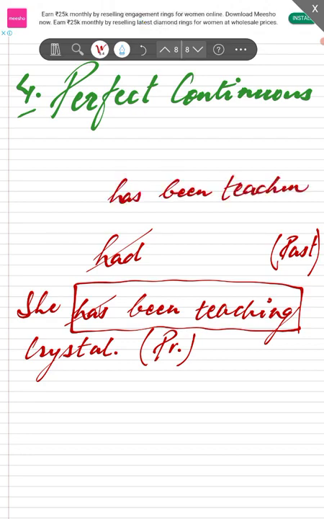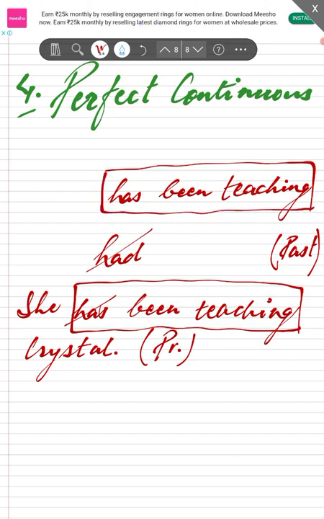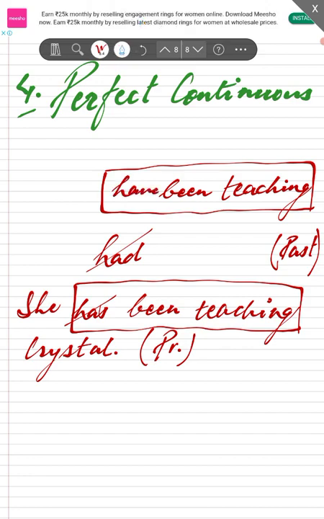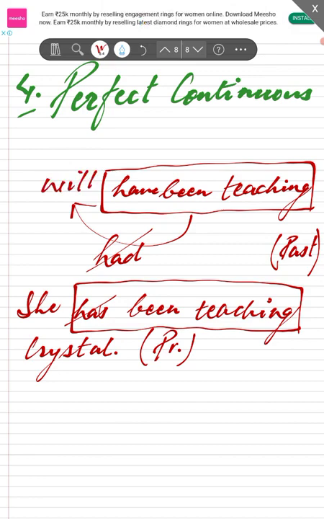Okay, but we know very well in the future time we cannot write has, because shall and will come here, and after shall and will we need to use only V1, that is have, not has, because has is V5 and have is V1. So we need to change has into have. Okay, so right here will. Now our problem gets solved. She will have been teaching Crystal, and it is in future.